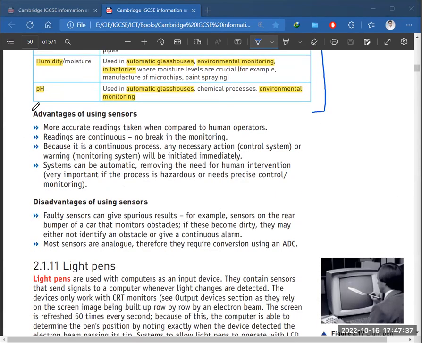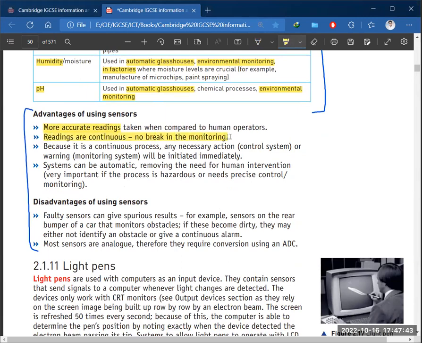Continue. Zara, read the highlighted part. Read the whole thing, not only the highlighted part. More accurate readings are taken when compared to human operators. Readings are continuous, not breaking monitoring, because it is a continuous process.